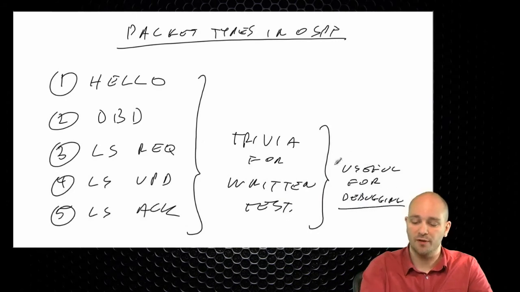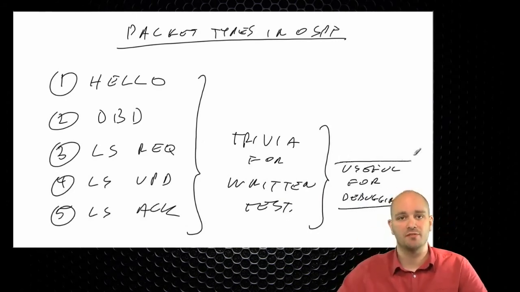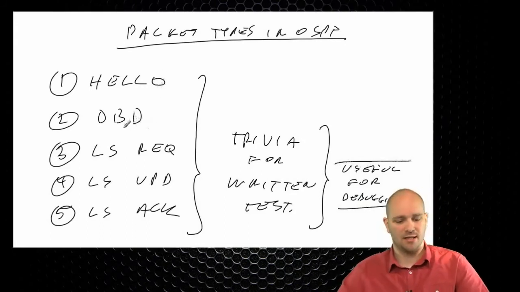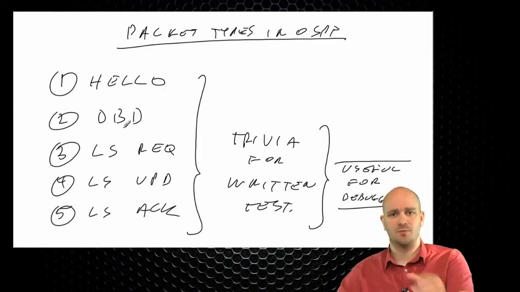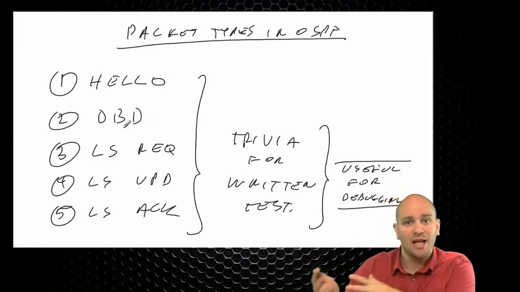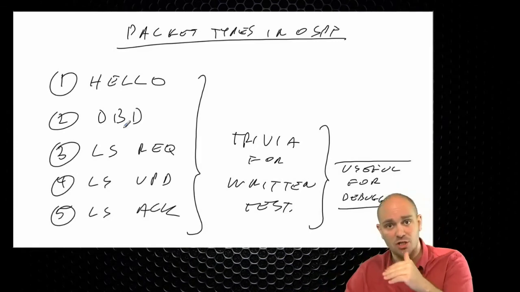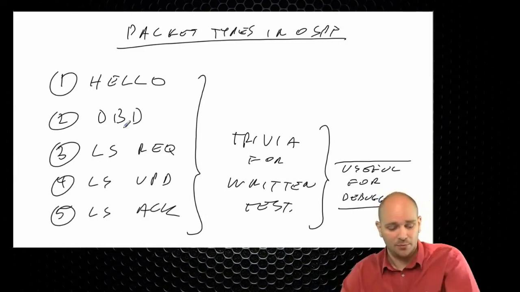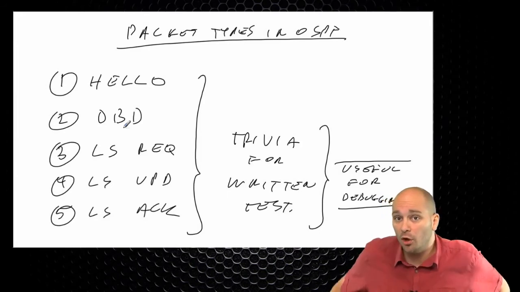Because when you're observing, for example, debug IP OSPF adjacencies, you're going to see the hellos being sent. We need to know what is happening with the DBDs. So it says that, okay, too many DBD retransmissions. Hey, what does that mean? In which state are we stuck? Where we are stuck in exchange or exchange start. This is where the DBDs are exchanged. Now, if you're sending link state request, link state request, link state request, and you're not getting the updates, that means that there is a problem with the loading phase.